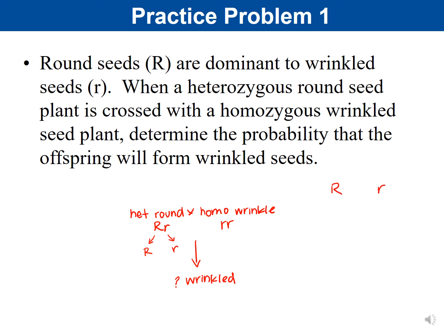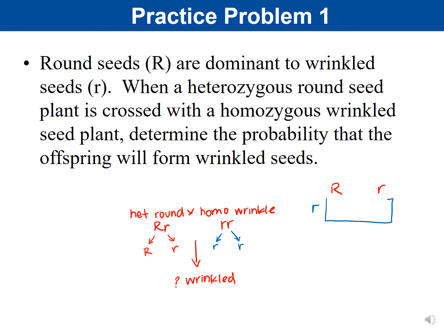The homozygous wrinkled, the gametes, little r or little r. Notice that's the same. You could just write one little r, and I'll show you that in the Punnett square. So little r, that's the only type of gamete that can form.